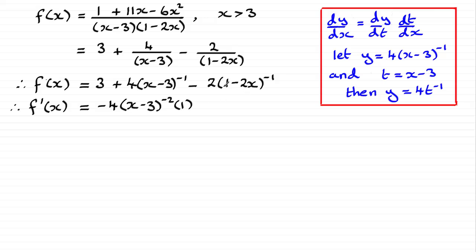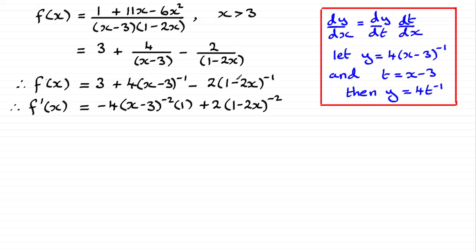So I'll do a similar thing when it comes to this result. I'm thinking of this as minus 2t to the minus 1. So I differentiate minus 2t to the minus 1, and I would get plus 2 times t to the minus 2. And t, remember, is 1 minus 2x, and that will be to the power minus 2. And then I need to multiply it by the differential of what I called t.